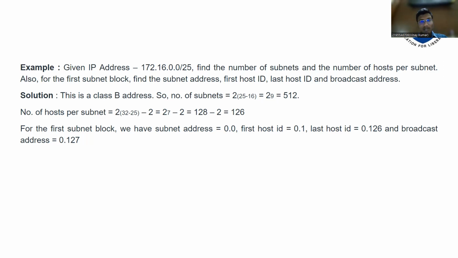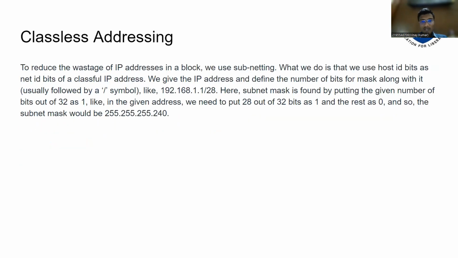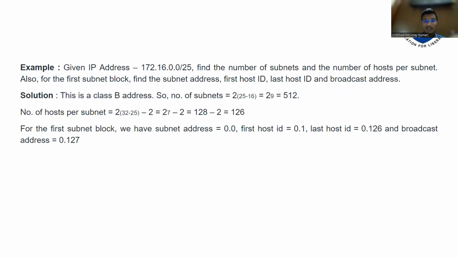The 25 means we need to put 25 out of 32 bits as ones. So the remaining bits give 2 to the power of 9, which is 512.